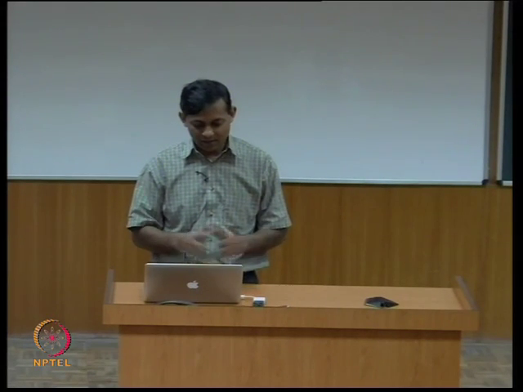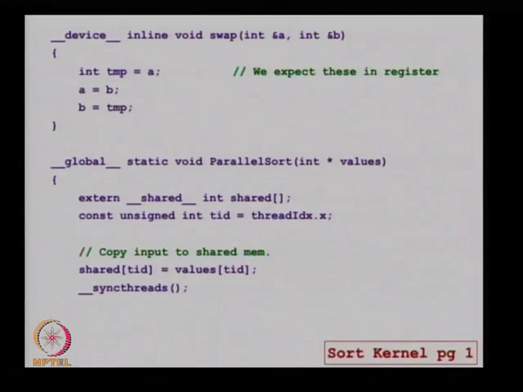At the end, you take the result back out and free the memory in which you had the sorting done. The values is an array in which in-place sorting is being done. It's a regular swap function which we are going to use.